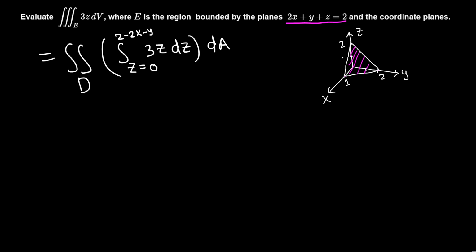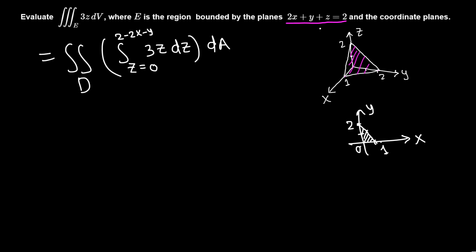Now let's find the projection of this onto the xy plane. That's how we find D. So pretty much this line. On y we have 2, on the x we have just 1 here. So this is the region D on the xy plane. Since we have 2 points, we can find the slope and use y = mx + b.